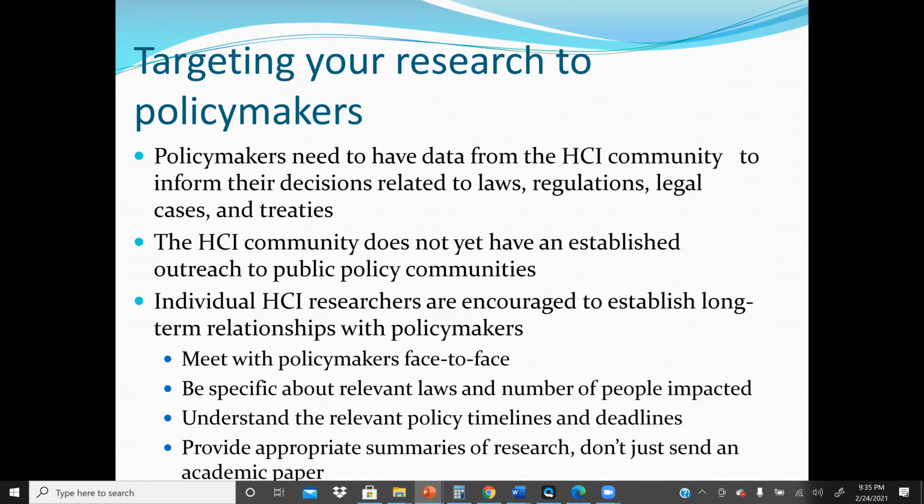Individual HCI researchers are encouraged to establish long-term relationships with policymakers, meet with them face-to-face, be specific about relevant laws and the number of people impacted, understand the relevant policy timelines and deadlines, and provide an appropriate summary of research. We should not just send an academic paper.